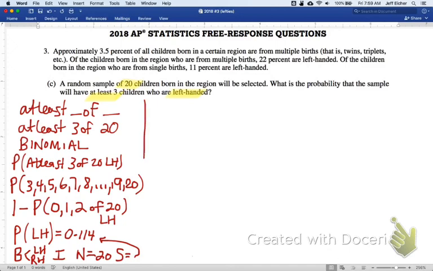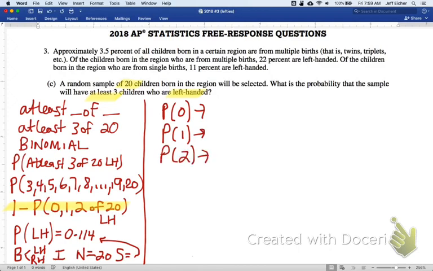So all of this information on the left here is all set up. So let's now calculate this probability, and we'll do it 2 ways. First, you could do probability of 0, then we need probability of 1, then probability of 2.